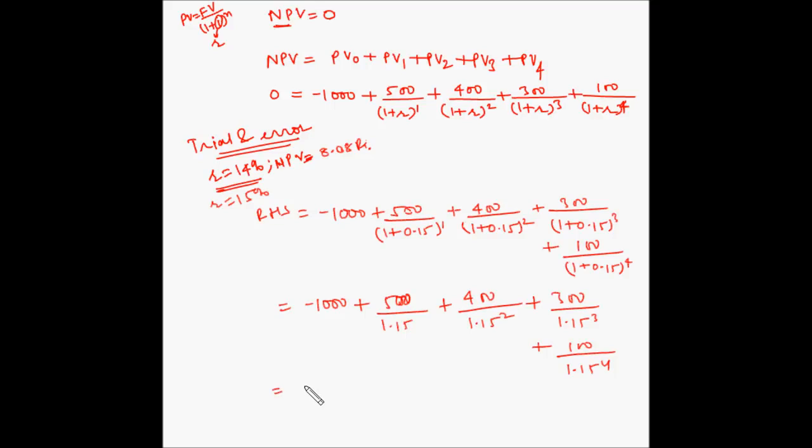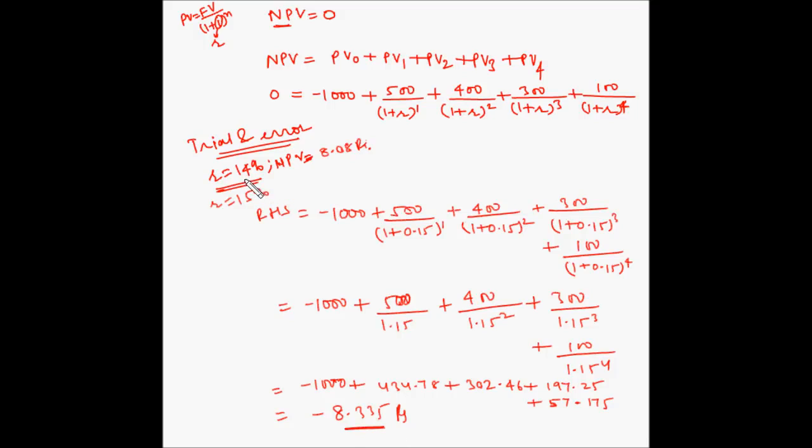Now this comes out to be minus 1000 plus 434.78 plus 302.46 plus 197.25 plus 57.175, and this total comes out to be minus 8.335 rupees.